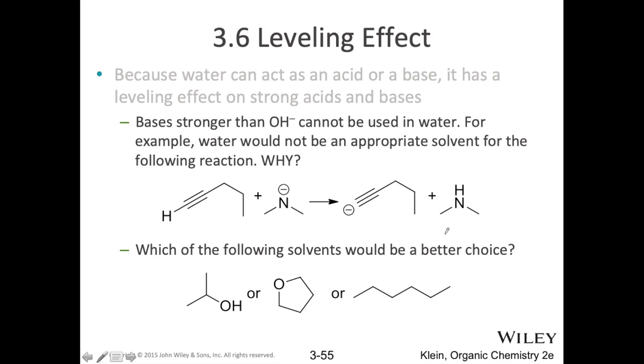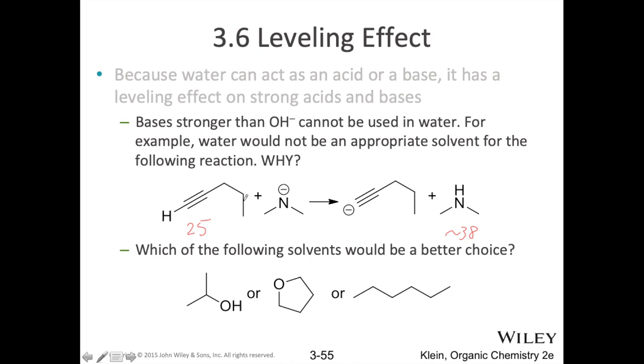Let's say this is a pKa of about 38. Of course this works here for this reaction. This is an alkyne with a pKa of about 25, so this definitely wants to give its proton to this strong base. So this reaction is going to go forward.